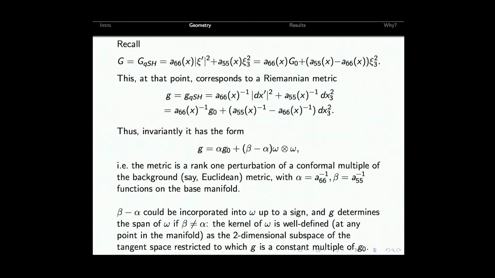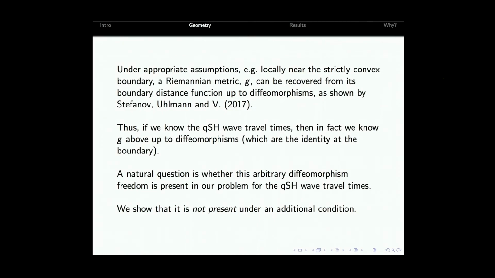Its null space, its kernel, is well defined as the two-dimensional subspace of the tangent space on which the metric is just a constant multiple of the background Euclidean metric. So you have this one-form, that's a vector if you want, and it has this two-dimensional null space corresponding to it, and that's well defined.